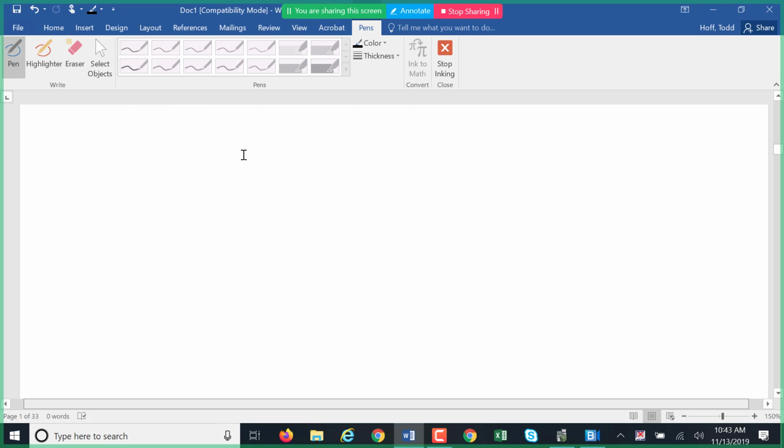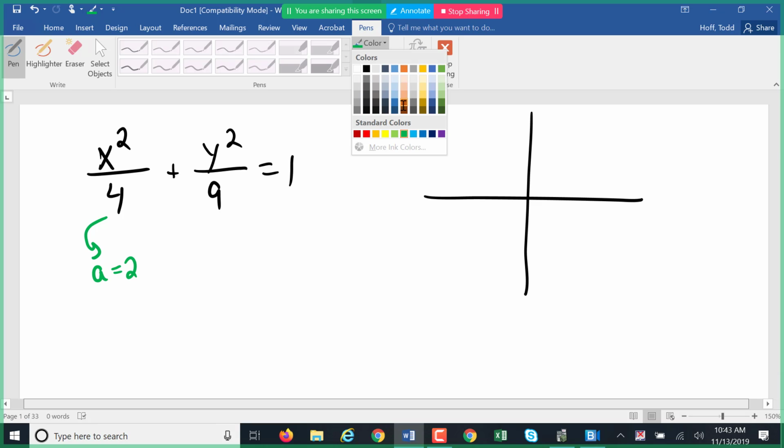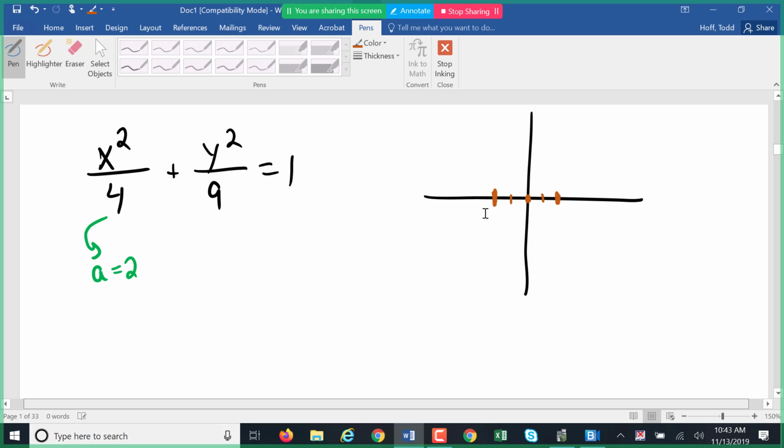So let's look at a very simple graph here. If I have x squared over 4 plus y squared over 9 equals 1, the 4 here is telling me that a equals 2 because 2 squared equals 4. So if I assume the center of this ellipse is at the origin, that means I go out 2 units to the right to get to the edge of the ellipse, and 2 units to the left.